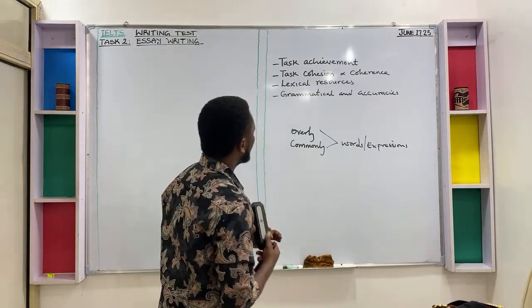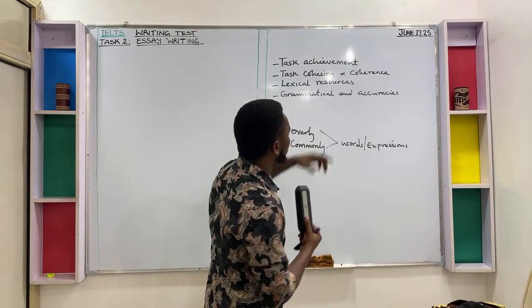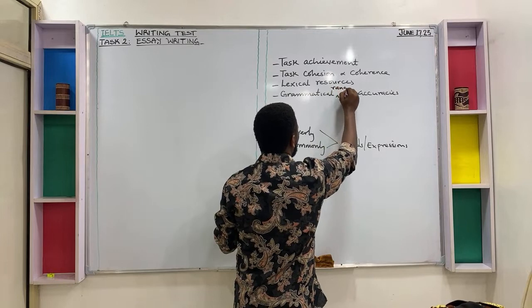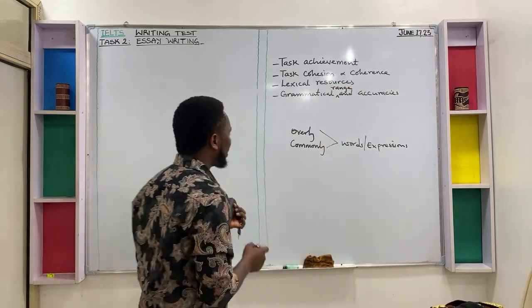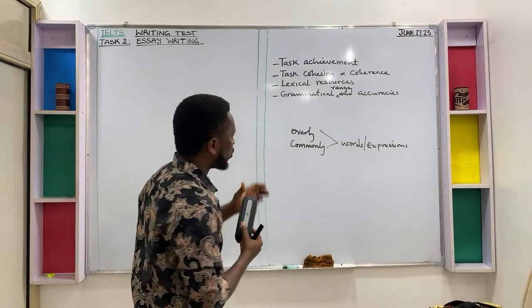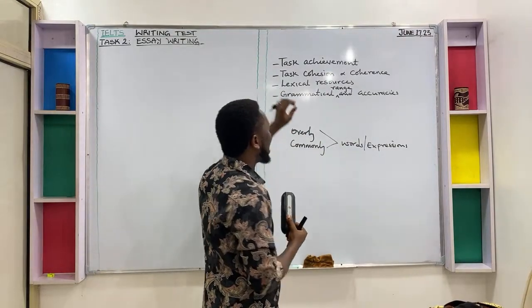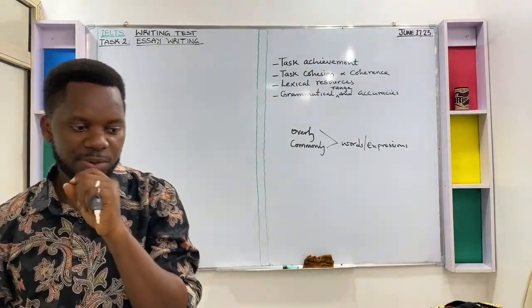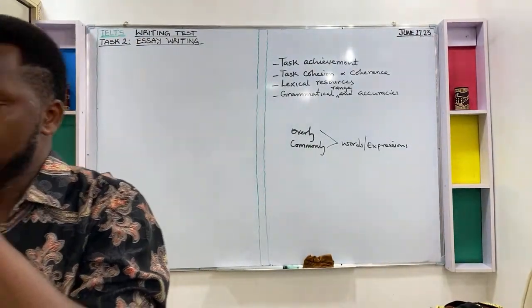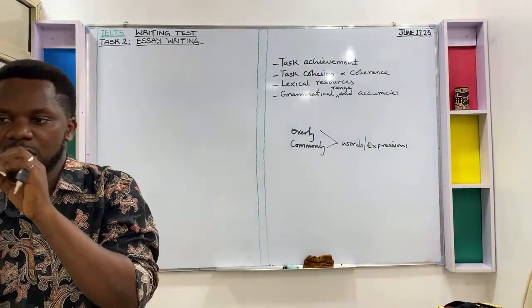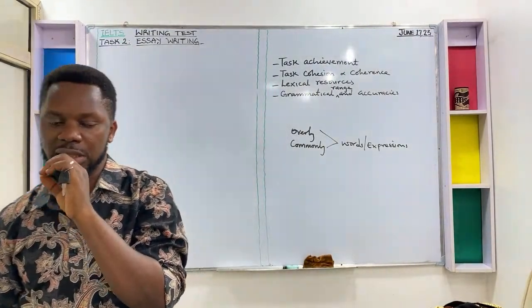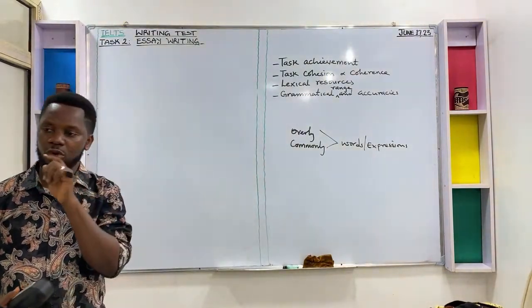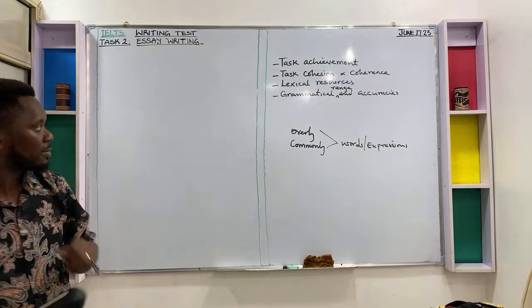Then the fourth here is the grammatical range and accuracy. You are expected to show off your grammatical range, where examiners look at the type of sentences you bring in while expressing yourself. So your sentences should not be just common or short sentences. Rather, you are expected to show off compound and complex sentences, right?